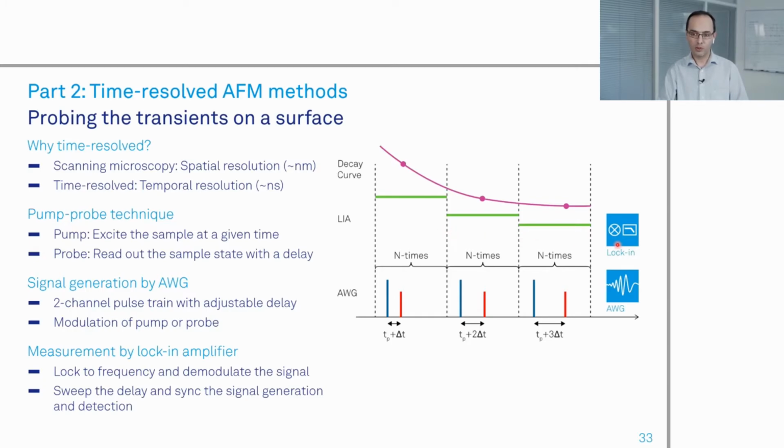But to enable the lock-in detection, we should have a modulation on top of the probe or pump, and this can be done by the AWG as well. At the end, the entire measurement, both signal generation and signal detection, should be fully synchronized.